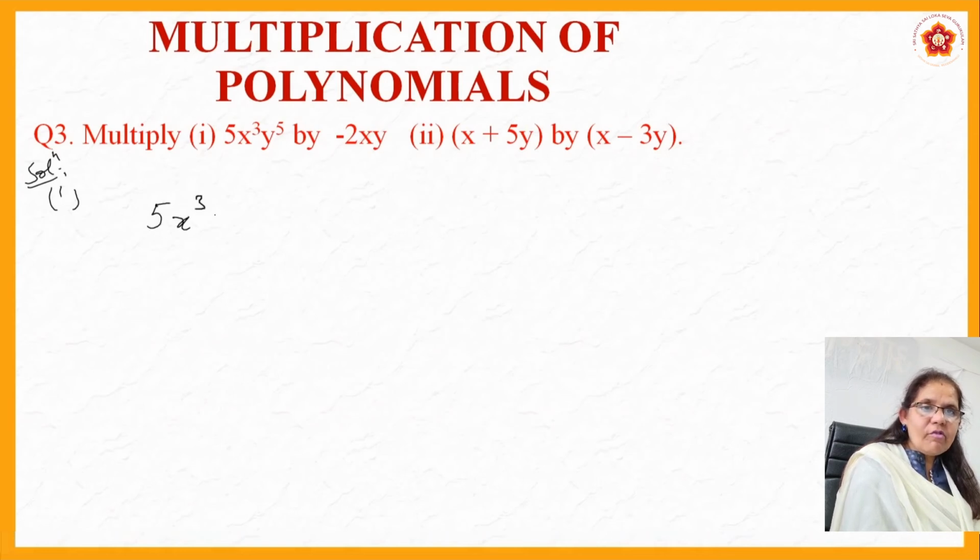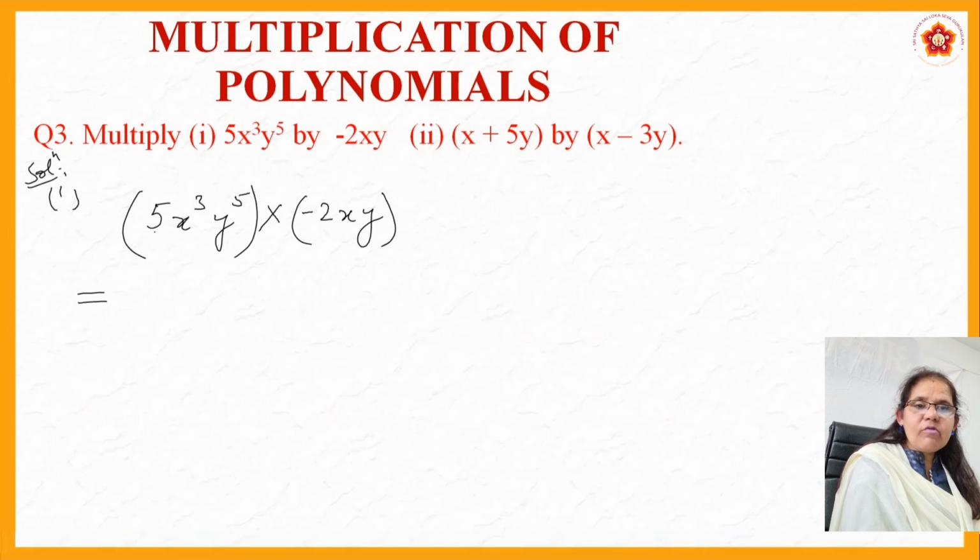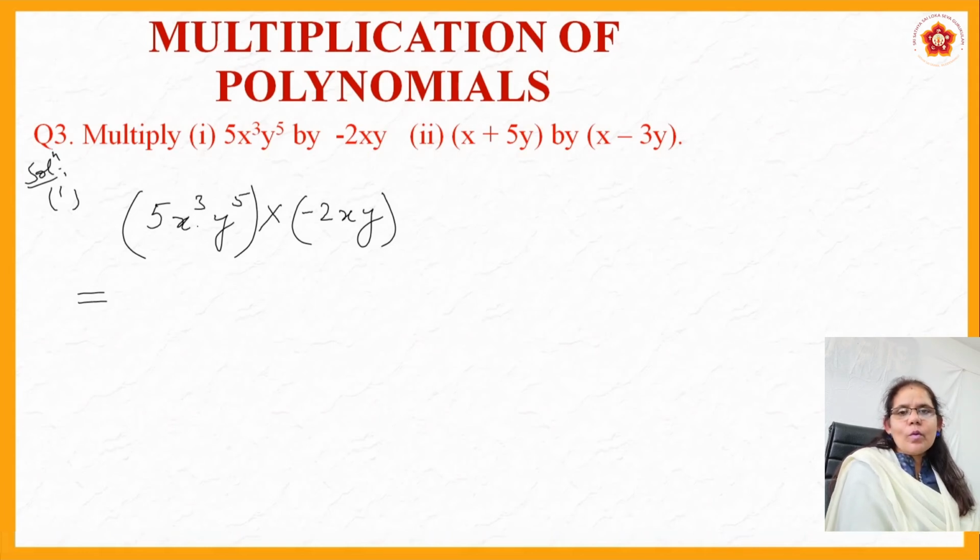5x cube y raised to the power 5 has to be multiplied by minus 2xy. These are the two terms which we have to multiply. Let us take, one is plus, other is minus. Whenever you multiply two numbers, if one is plus, other is minus, what will be the sign?